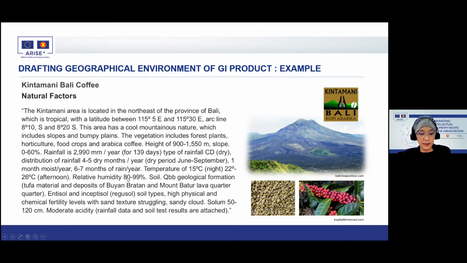Relative humidity is 80 till 99%. Soil, geological formation, tuff material and deposits of Buyan, Bratan, and Mount Batur lava quarter. Entisol and inceptisol, regosol soil types, high physical and chemical fertility levels with sand texture, sandy clay, solum 50 till 120 centimeters, moderate acidity. Rainfall data and soil test results are attached.